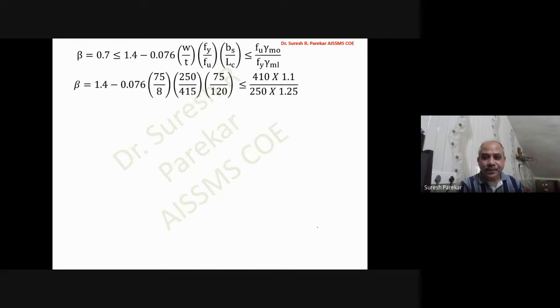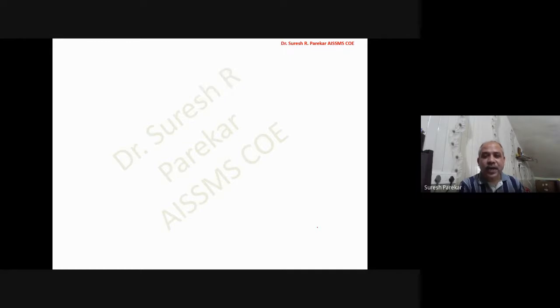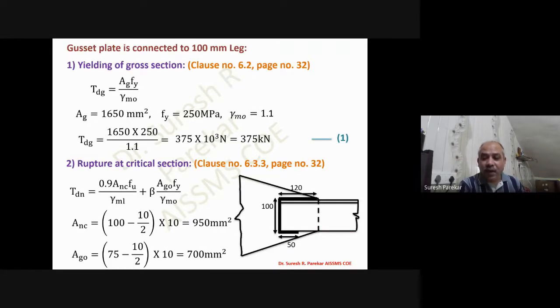Now bs is directly your outstanding leg in this one, because we have seen in welded connection, and Lc is the length of the connection. So I have taken this as maximum. Now we have scope: we can consider 120 plus 50 by 2, or we cannot go lesser than 50.